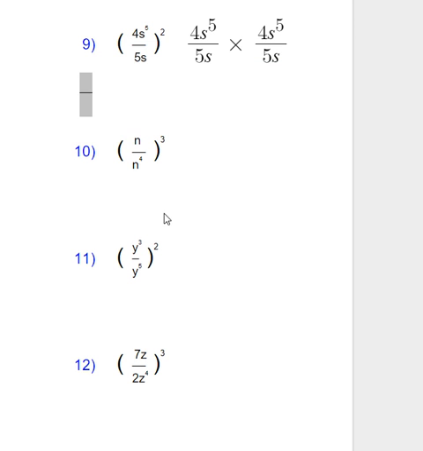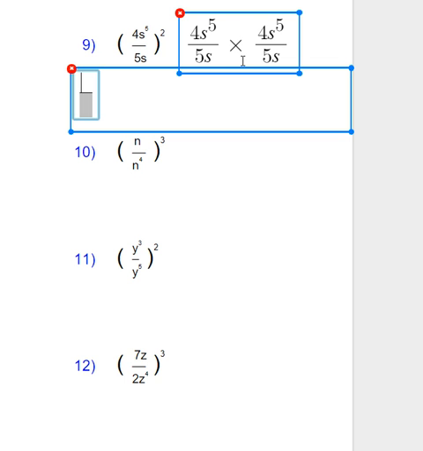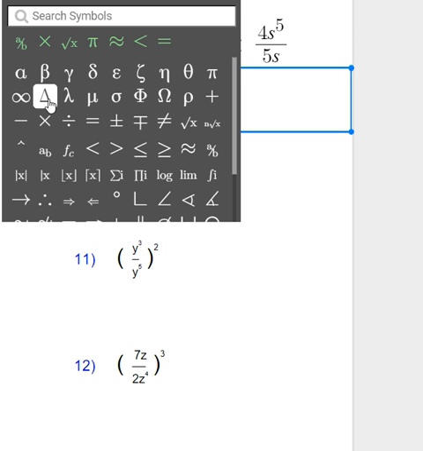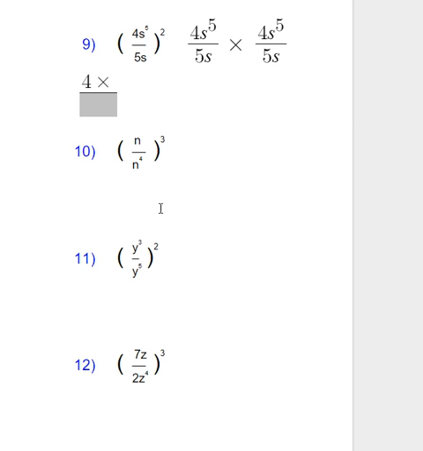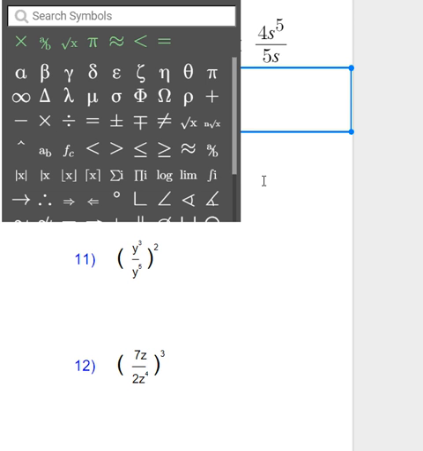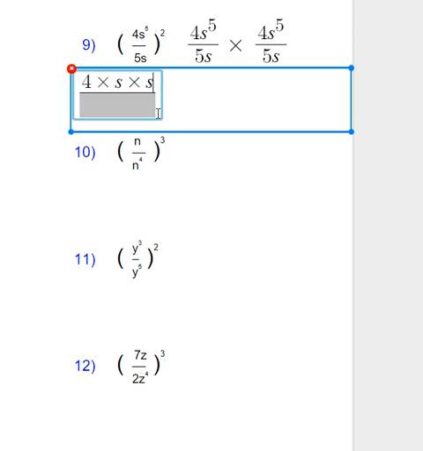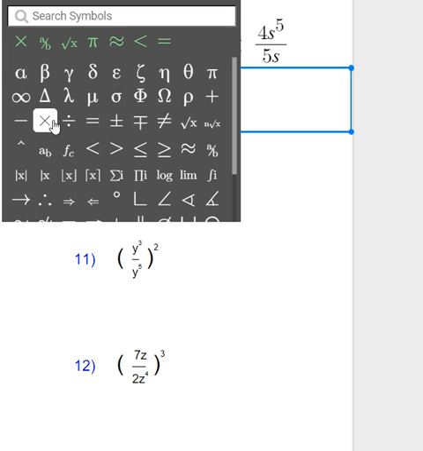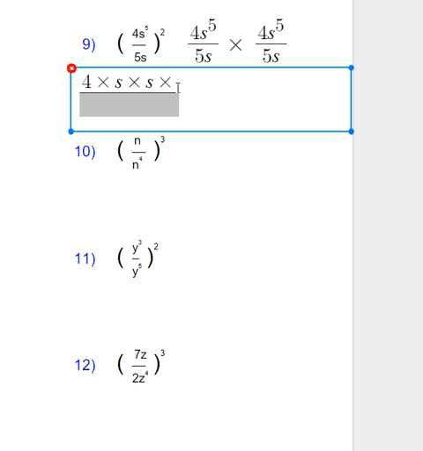I'm going to do 4 times s times s times s. There's 3 of them.